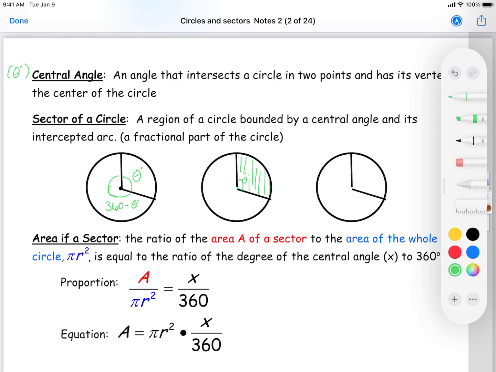Now, if I'm given this angle right here and I want to use that central angle, because it's the opposite side, by definition it's still the same thing, so I can consider this a sector of the circle as well. So there are really two parts to it.